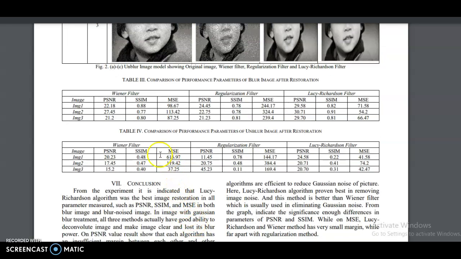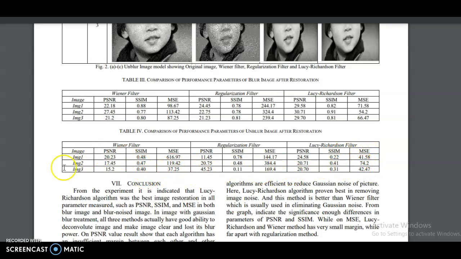So like this, a comparison of performance parameters of unblur image after restoration. Image 1, image 2, image 3. This is the Wiener filter for PSNR value, SSIM value, MSE value. For regularization filter, PSNR, SSIM, MSE. Lucy Richardson filter, PSNR, SSIM, MSE.